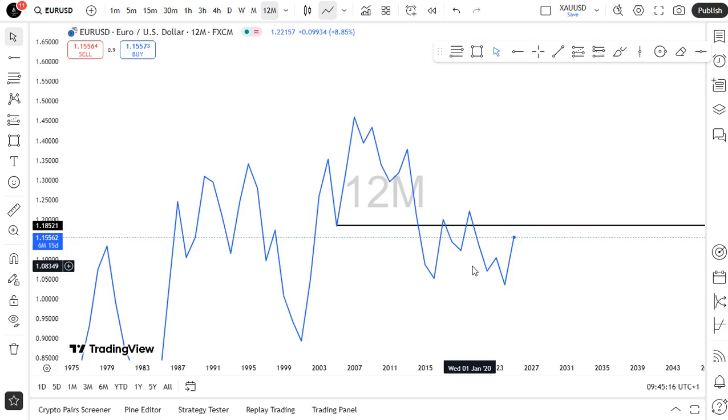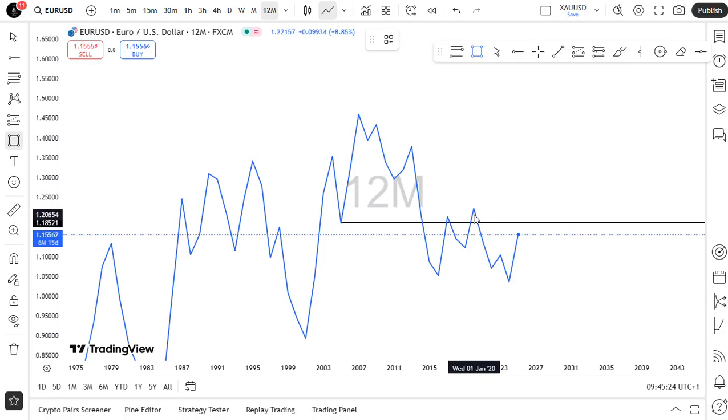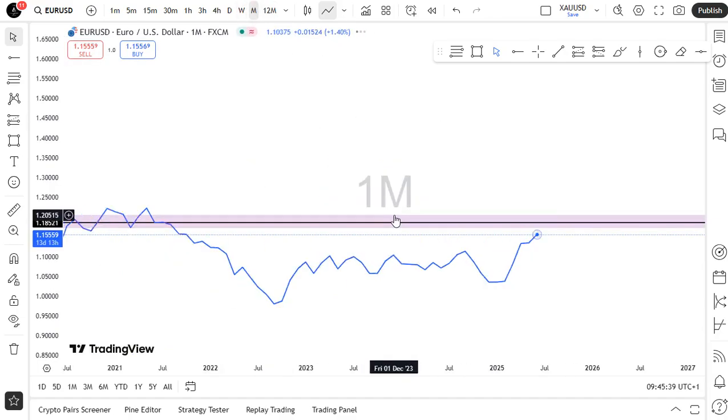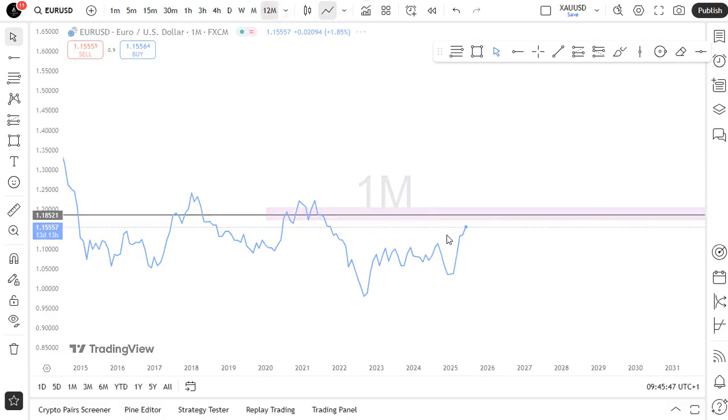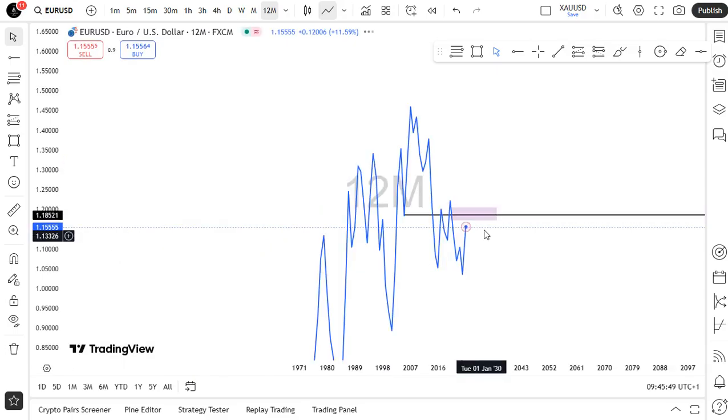It could be that when it gets to this level here, somewhere inside this box, it might give us a break of structure down on, let's say, the monthly time frame. So it might give us a break of structure inside the monthly time frame that will reverse it downwards. Then on the 12-month time frame, we should see it coming downwards. That's if it's going to reverse.